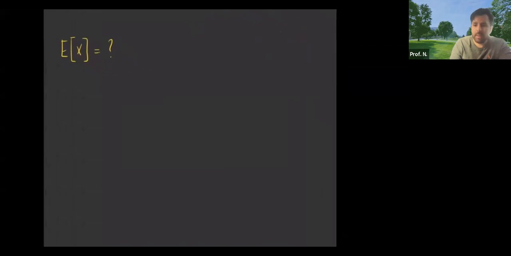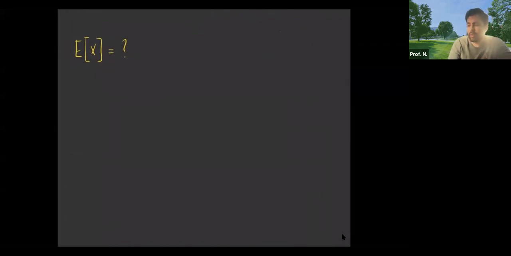Okay, now to complete this problem, the last thing we needed to find was what? The expected value of X. But to find the expected value of X, what do we need to know first?